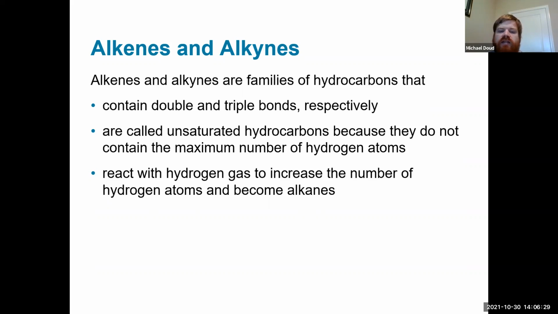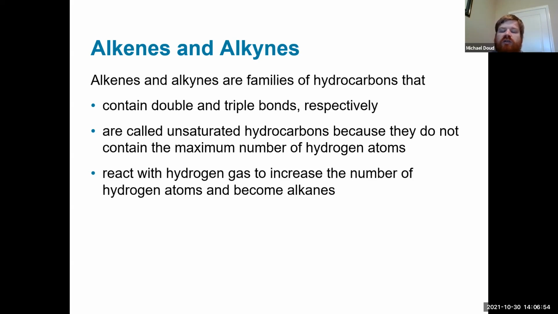And the reason that we say that is essentially they don't have the maximum number of hydrogen atoms. A hydrocarbon that is saturated with hydrogens has the maximum number of hydrogen atoms. That's an alkane. These, because they contain carbon-carbon double or triple bonds, have carbon bonds that are not to hydrogen.